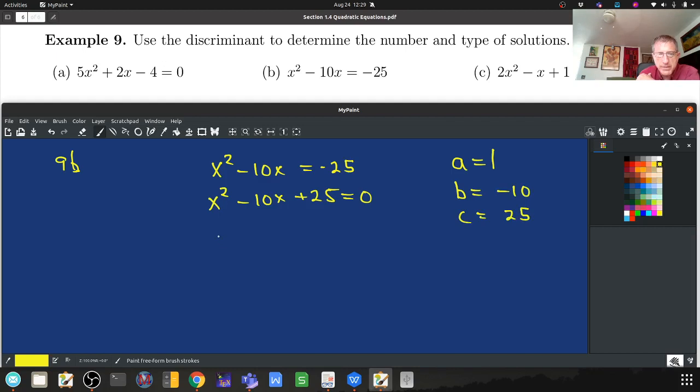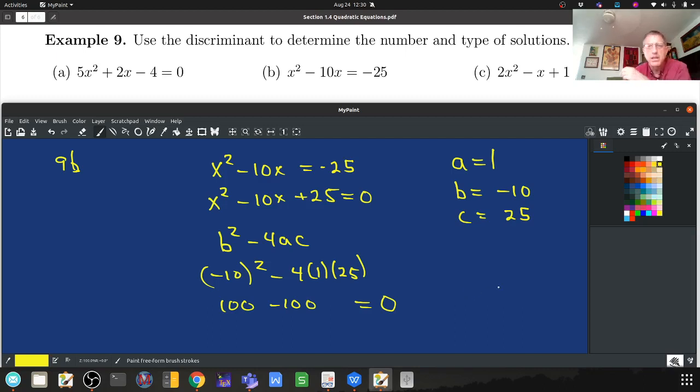So now what we have to figure out is the value of b squared minus 4 times a times c. In other words, minus 10 squared minus 4 times 1 times 25. Oh, it's easy, right? So this is 100 minus 100. So the discriminant is 0. So we have a double root. We only have one solution, and it's a real number. Now I'll let you do C on your own.